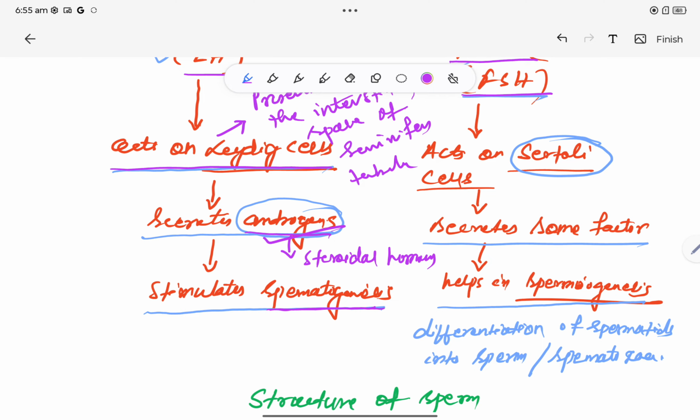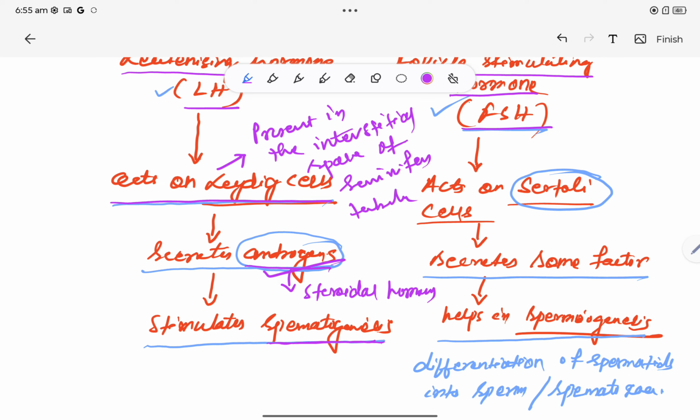Now what happens with this FSH? What work is being done by this FSH? The FSH acts on the Sertoli cell. Now the Sertoli cell secretes some factors, and those factors help in spermiogenesis. What is spermiogenesis?